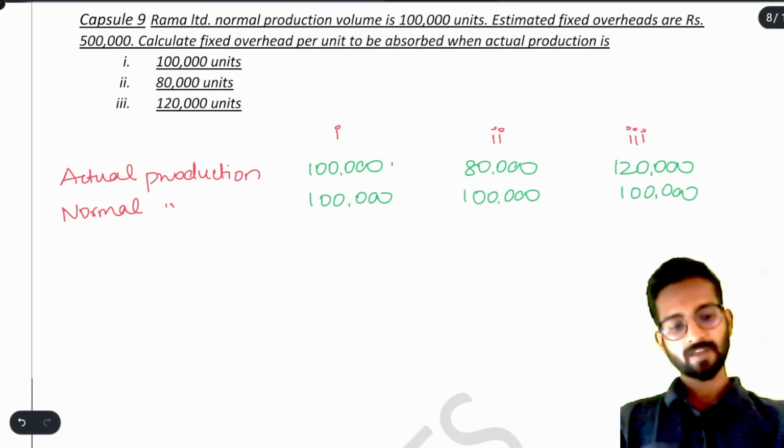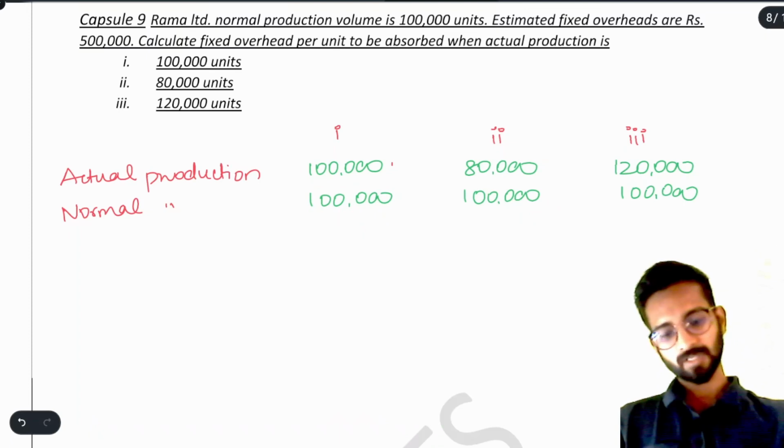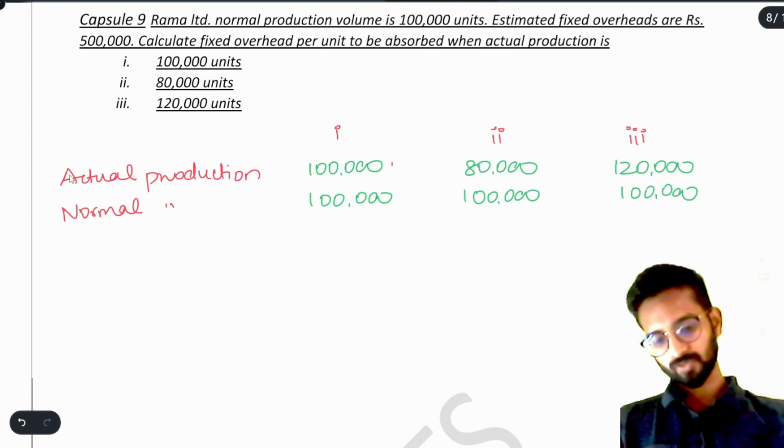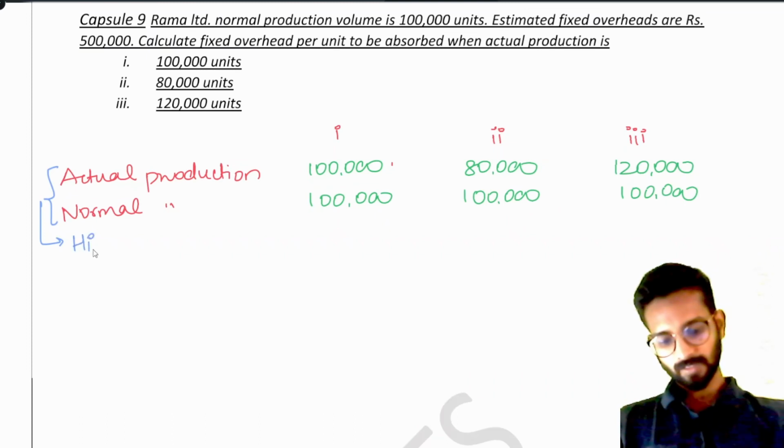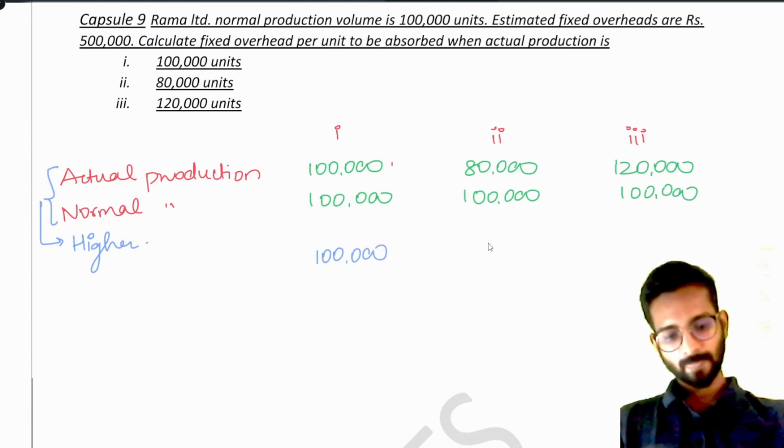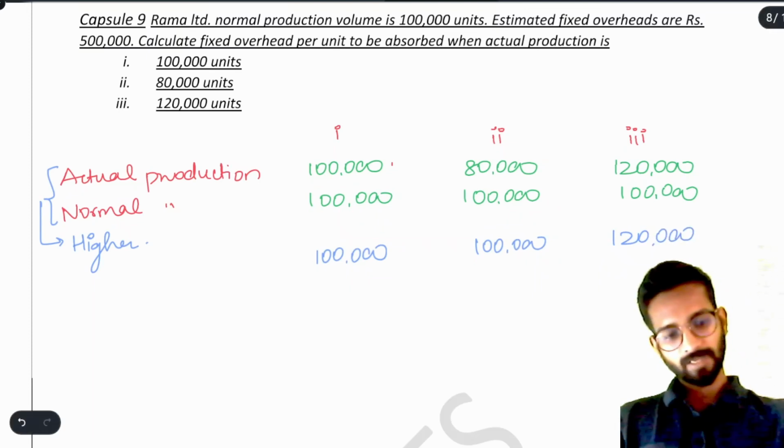Now, which one do we have to select? Always remember, we have to select out of these two whichever is higher. So therefore, here both are equal, so 1 lakh will be selected. Here also 1 lakh. Here 1 lakh 20,000. Why are we selecting this?